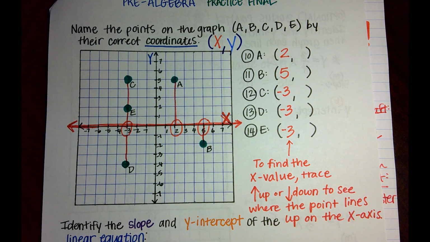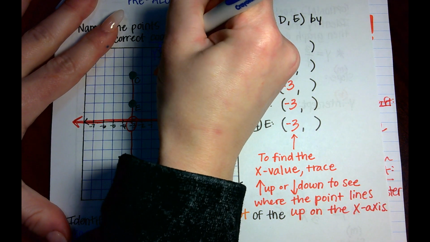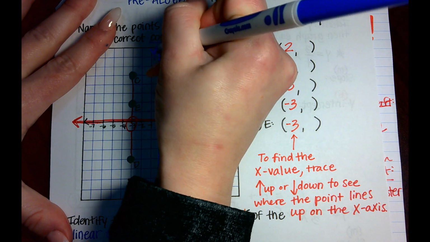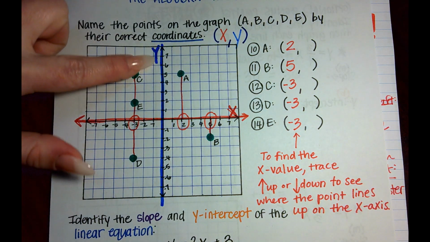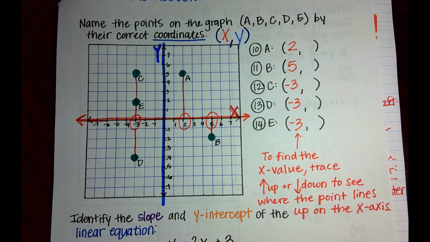So now that we have our x's labeled, we're going to look for our y values. The y-axis is right here. The y-axis goes up and down like this. So now we just need to see where each of these points lines up with the y-axis.